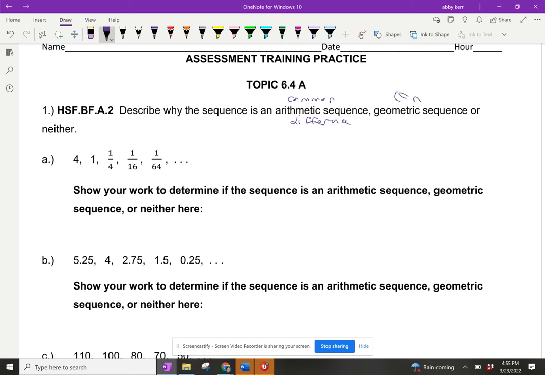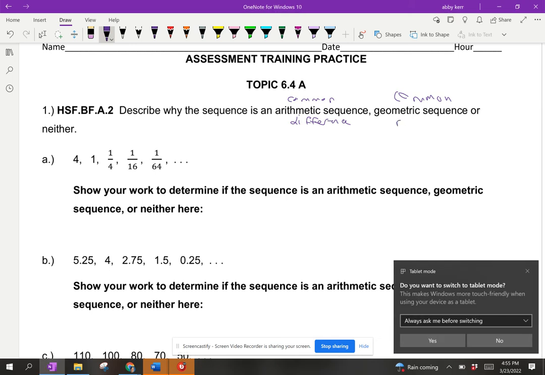This would have a common ratio. And then neither would have neither the ratio or the difference.